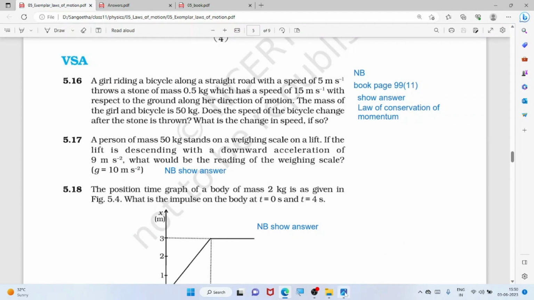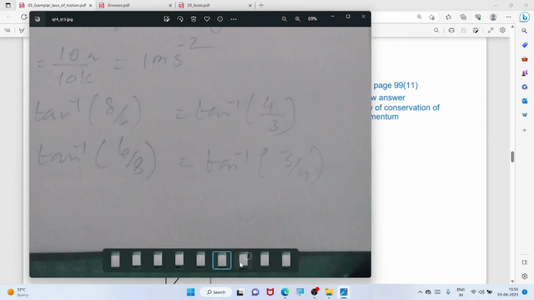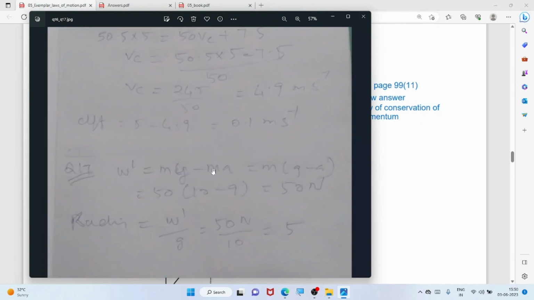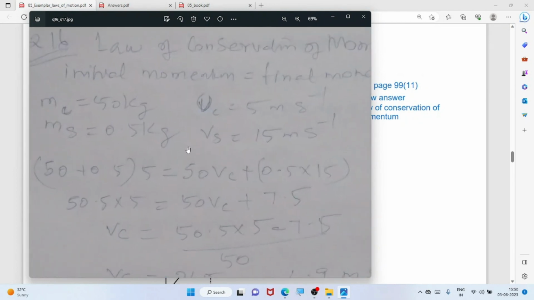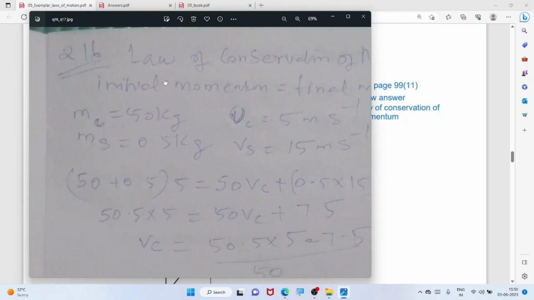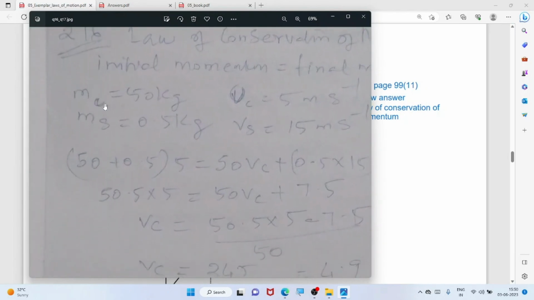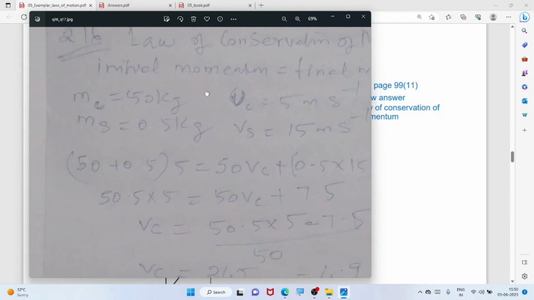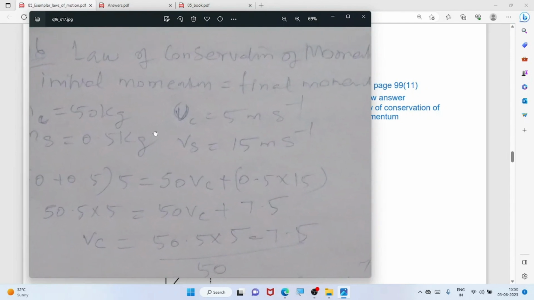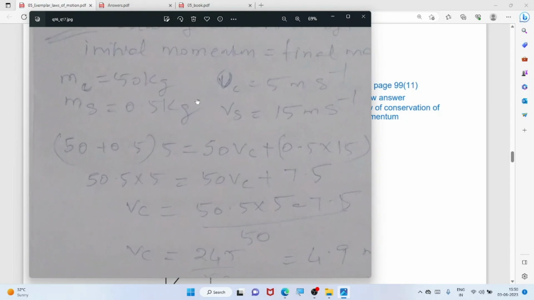16. This is the law of conservation of momentum. That is the final momentum minus the initial momentum, that is the change in momentum. Initial velocity of the cycle is 5 meters per second, final velocity of the stone is 15 meters per second.